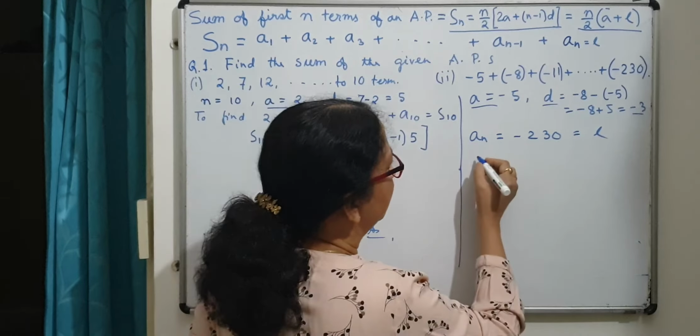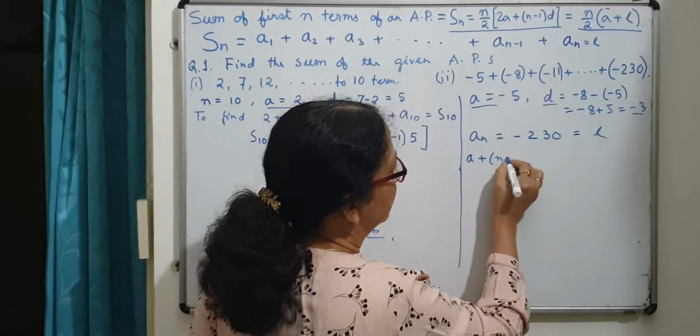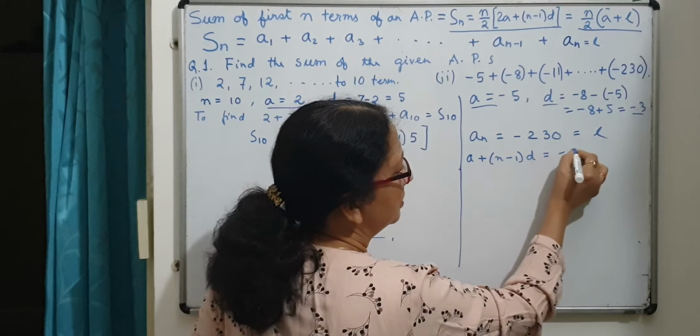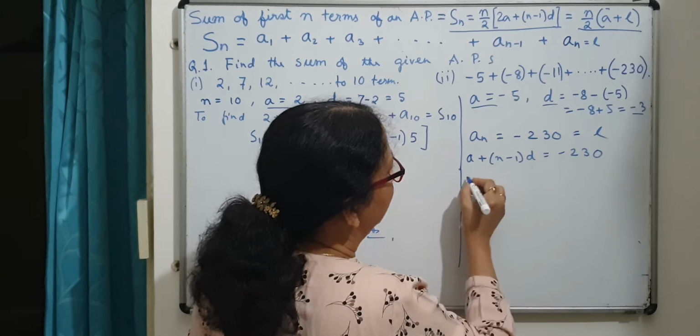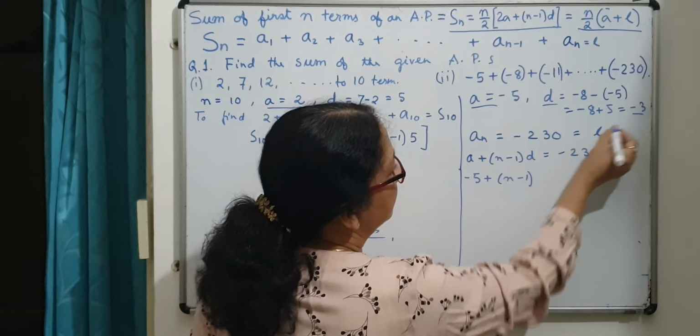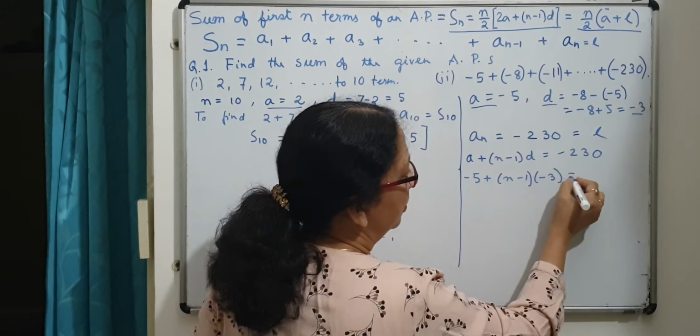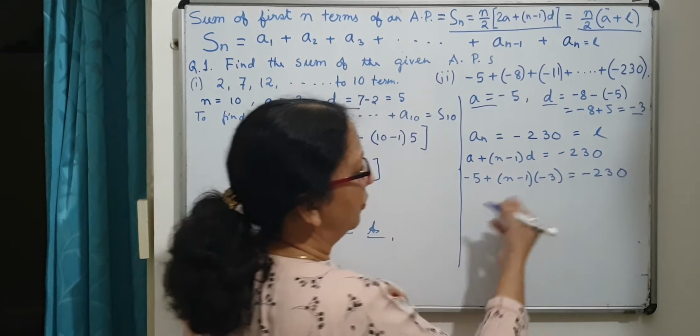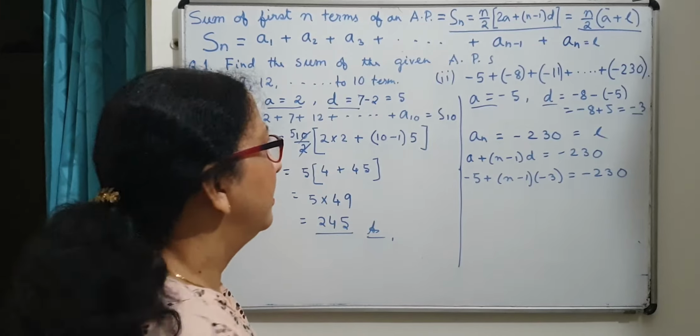So I can use the formula A plus n minus 1 into D is minus 230. Then we put in the values of A, D is minus 3. We can very easily solve for the value of n.